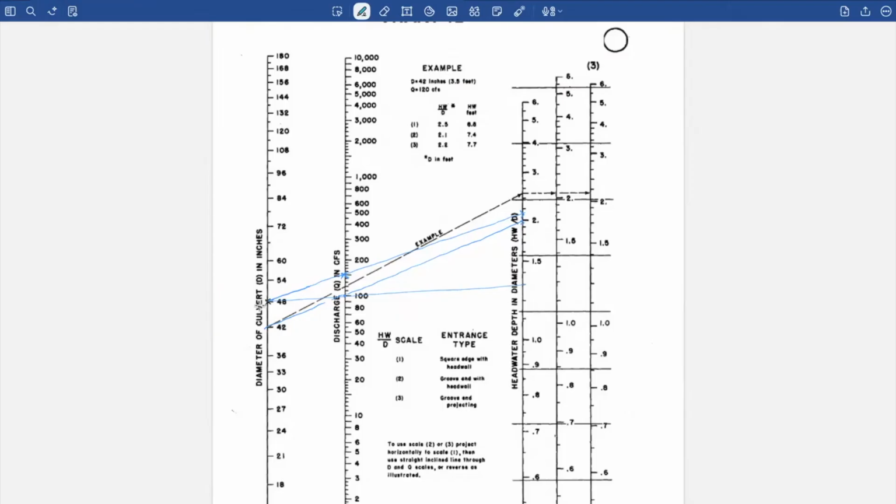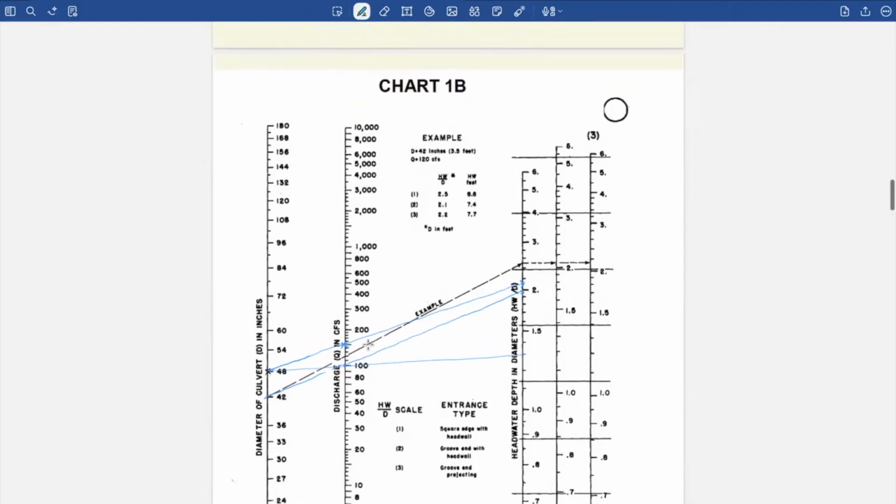So our maximum diameter will be 48, and if we assume our given diameter is 48 and our given Q is 300, then if we draw the line through this 48 and 300, it will be off the chart. So we will not go with one barrel here.